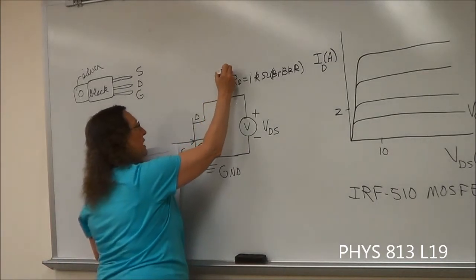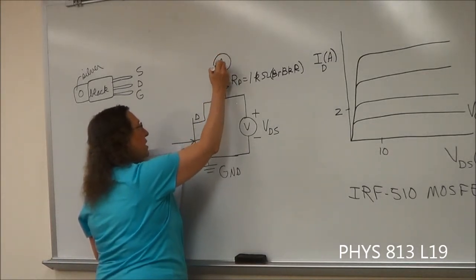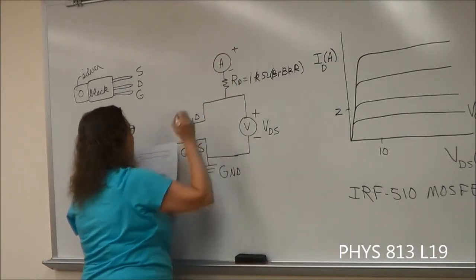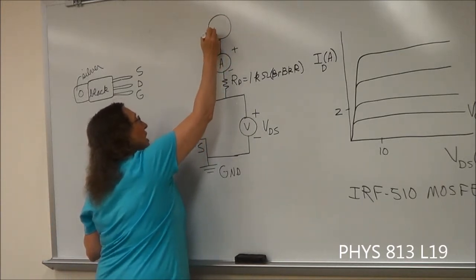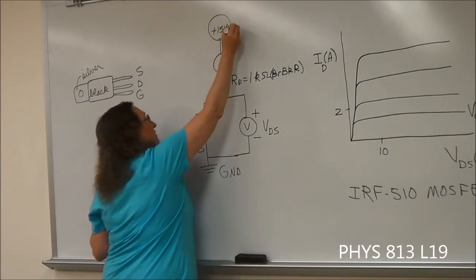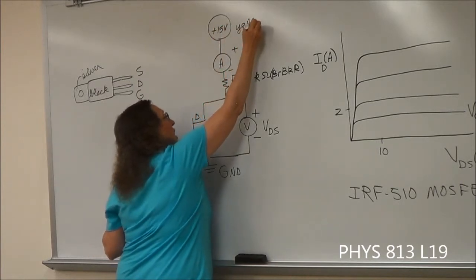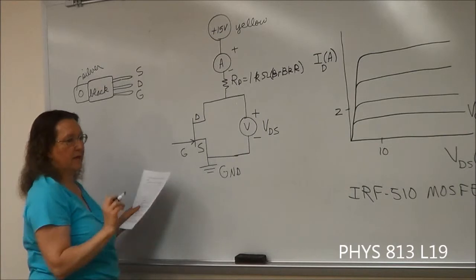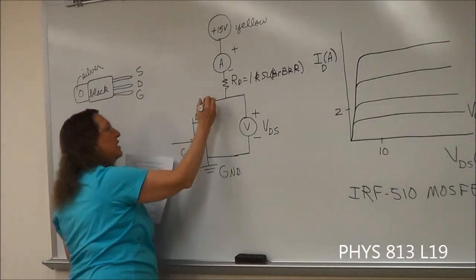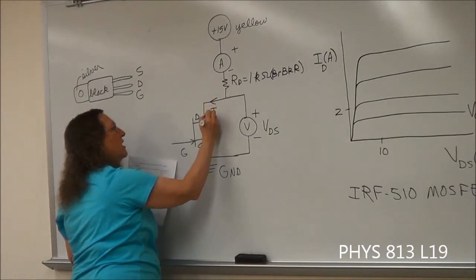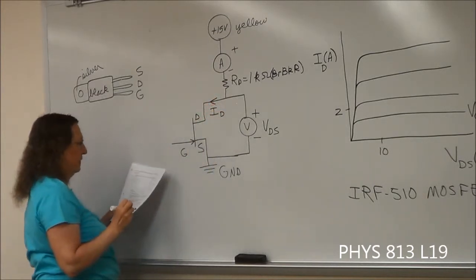So we're going to put our ammeter in here. The negative side here, the positive side there, and then this goes up to the positive 15 volts, which is the yellow terminal. And I'll show you that on the circuit board in just a minute. And so from this, we're going to end up with the current drain.